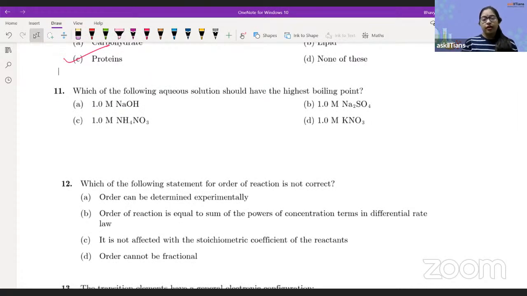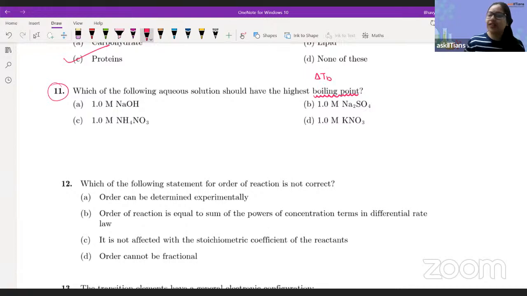Yeah. Then, if I talk about the 11th question, which of the following aqueous solutions should have the highest boiling point? This time it is not the elevation of boiling point, this is the boiling point value.